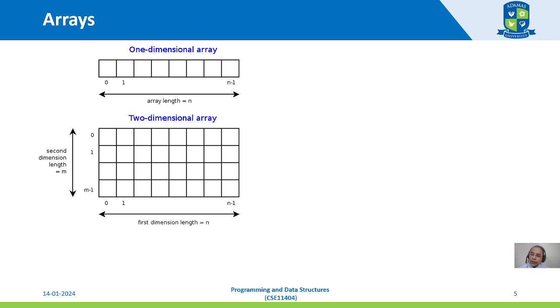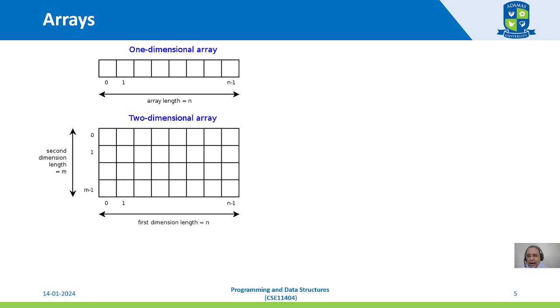Or else what we can do, PTR is equal to ampersand ARR1. So it will store the address of the 0th row, 0th column. So we now can understand how an array can be implemented.